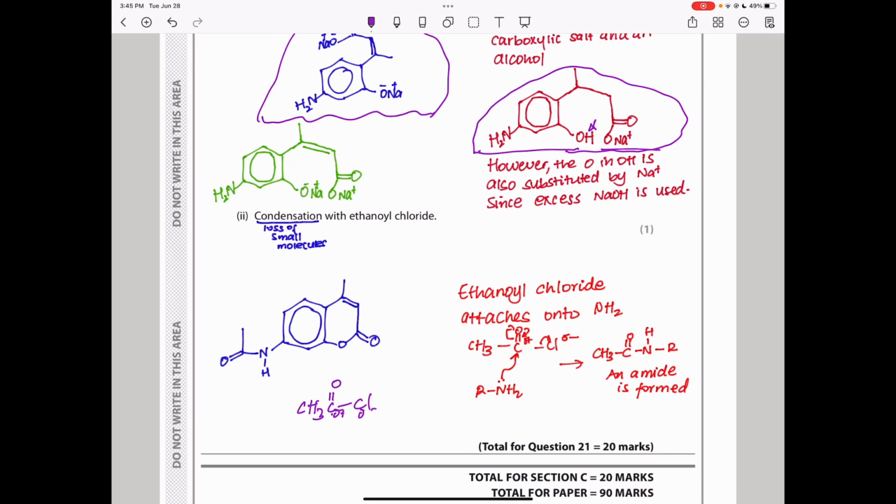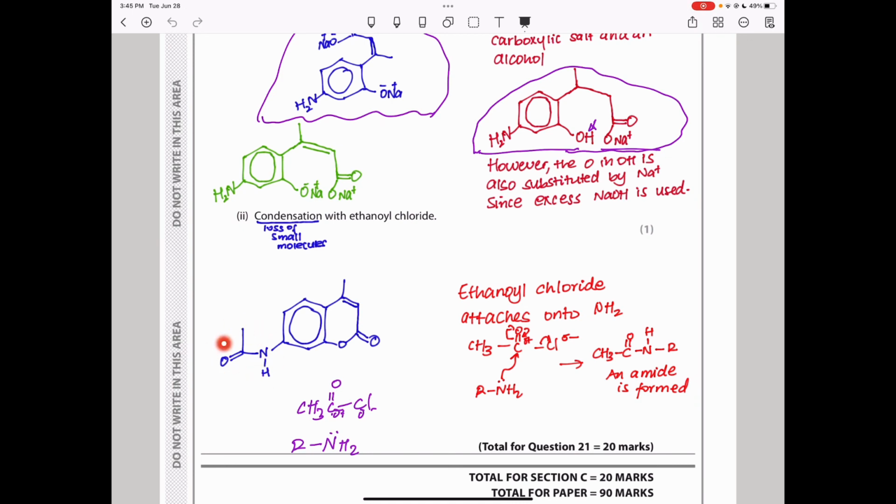So this partially positive carbon is going to receive electrons from the nitrogen in the RNH2, and therefore a nucleophilic substitution reaction will occur. If you look at this part here, I showed you how it's going to be. The RNH2, this is a lone pair on the nitrogen, comes and binds here, and then that bond breaks. Then later, that comes back, and this one goes away, producing something that looks like this, and that is an amide. So the structure we are looking for is an amide, as you can see, this one here.